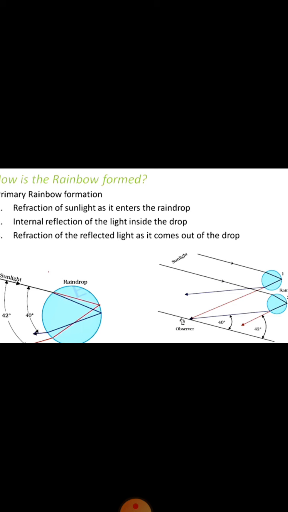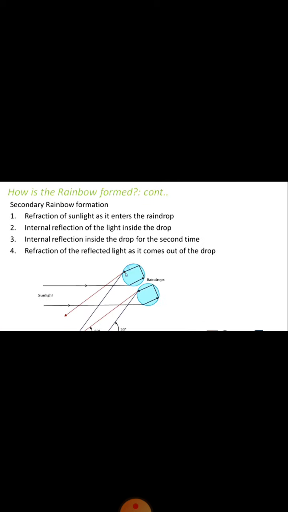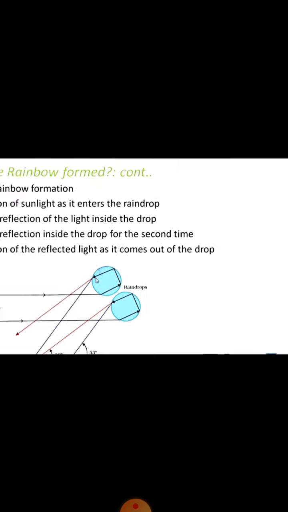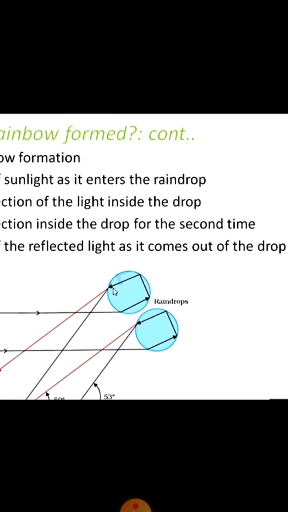Now let's look at the formation of the secondary rainbow. Let's see what is the difference in this case. In the case of the secondary rainbow, refraction of sunlight also takes place first as sunlight enters the raindrop. Then internal reflection also takes place. Here you can see how the sunlight enters the raindrop, and this is how the internal reflection takes place.